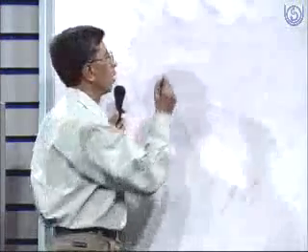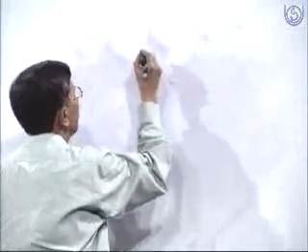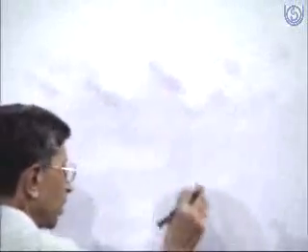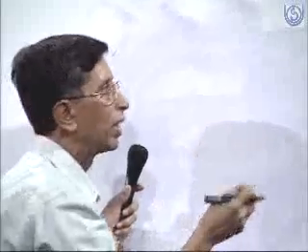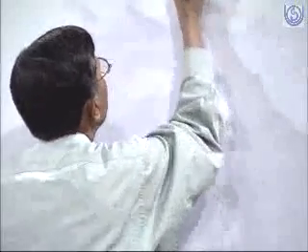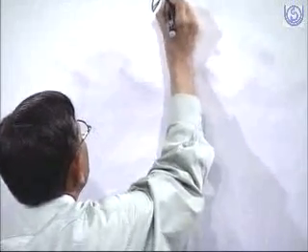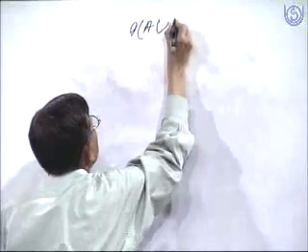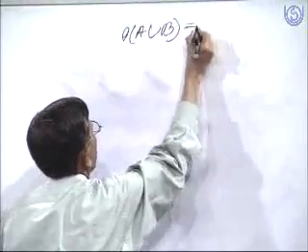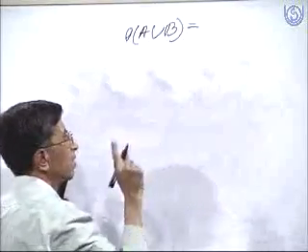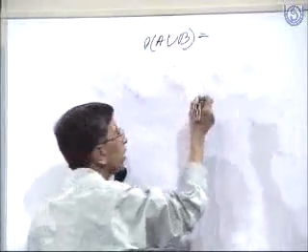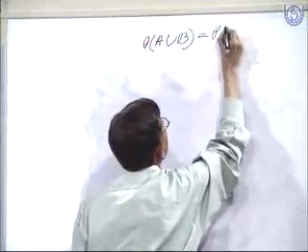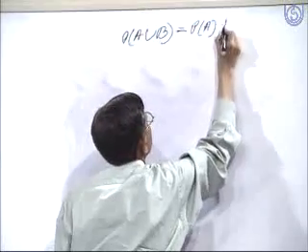Supposing there are two mutually exclusive events. One is A, another is B. Then we can say that the probability of the occurrence of A or B, the probability of A union B, is in fact the summation of the individual probabilities of these two events. So I can write this as P(A) plus P(B).